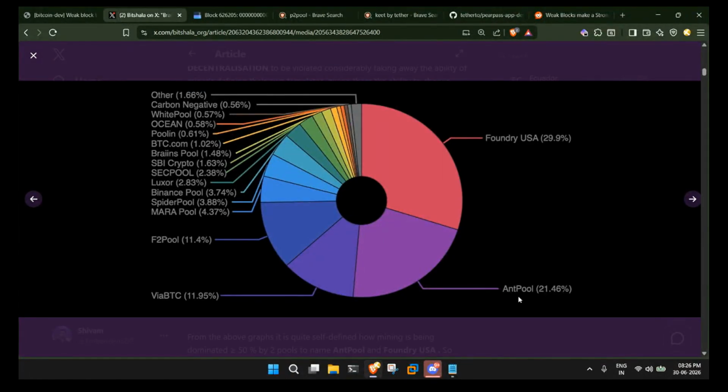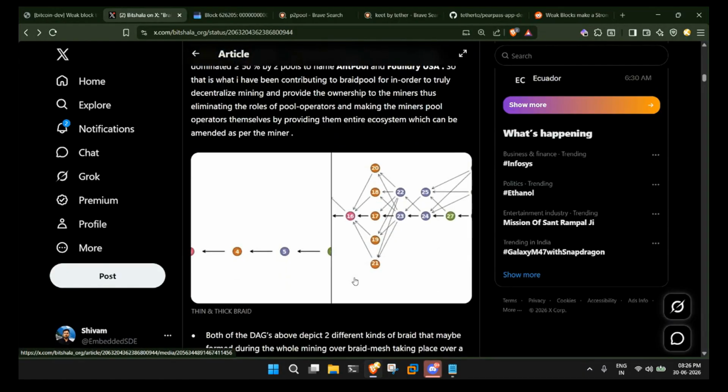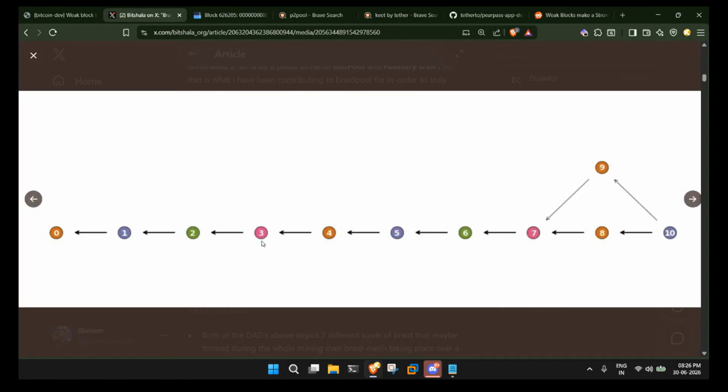This is the same. If you remember, last time I shared the link; the whole detail is there and the image is also from that. If you calculate, two miners, or even three miners, have more than 50% of the share, if you include Foundry, Ant and ViaBTC, okay?